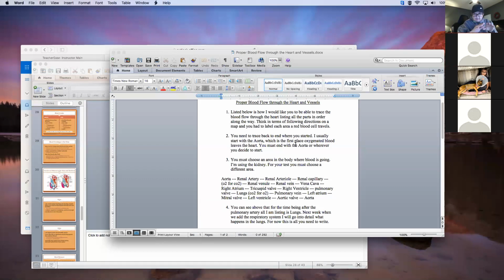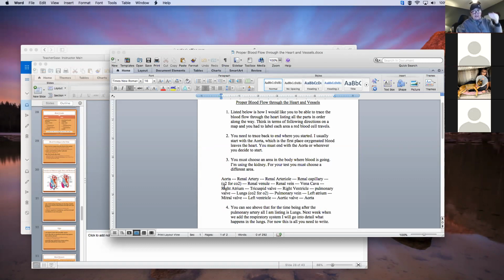When it goes into the kidney, that renal artery is going to divide and spread out into renal arterioles, which are tiny little renal arteries. And then by the time it gets to the renal capillary, that's like the net that's red and blue, it's going to drop off, and that's why I've put in parentheses, it's going to drop off oxygen, and it's going to pick up CO2.